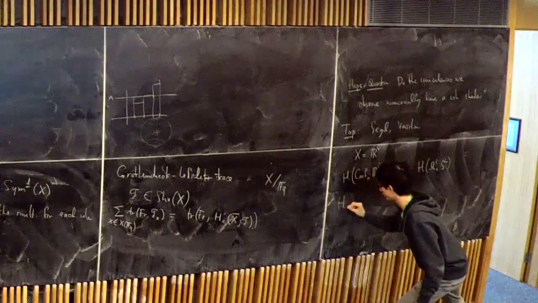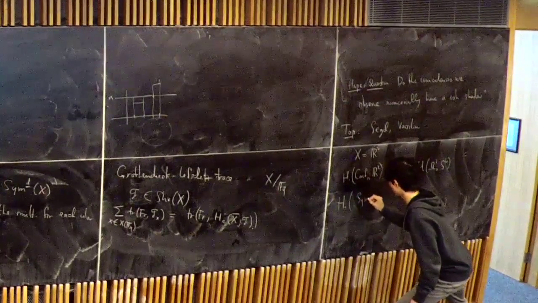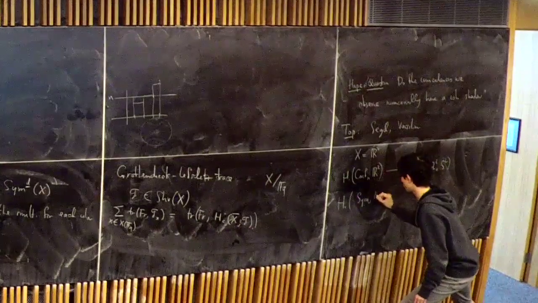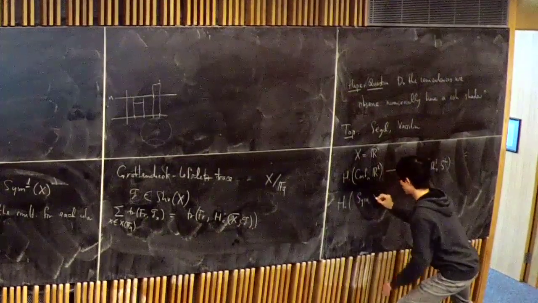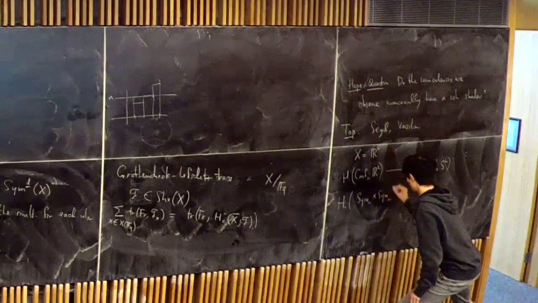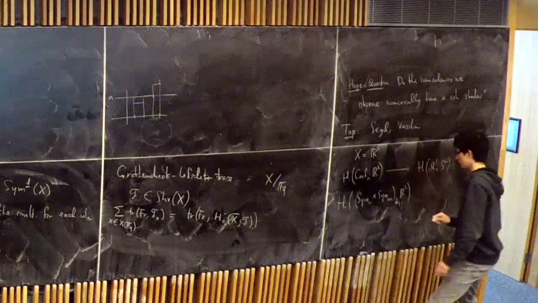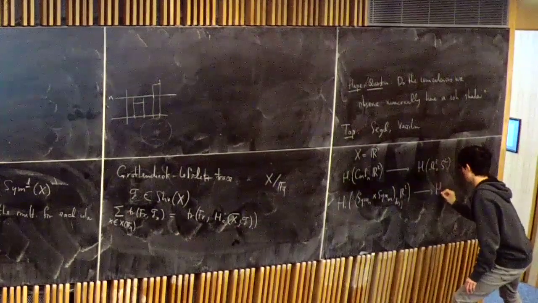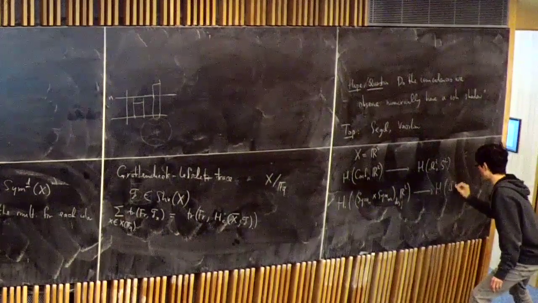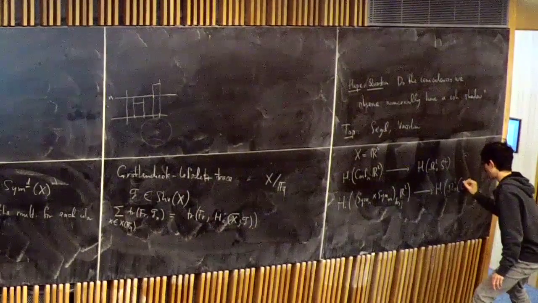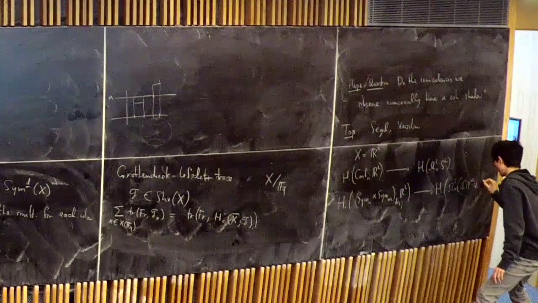And another result they prove, you can do the same thing. So Sym^n of R2 converges to the homology of the double loop space of CP infinity.